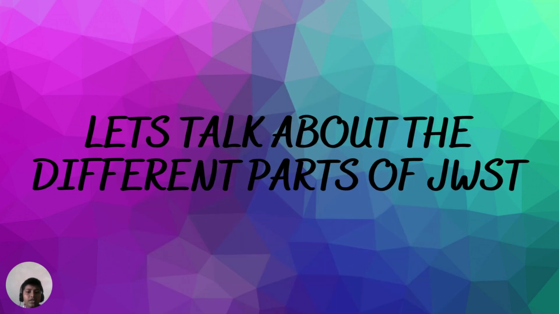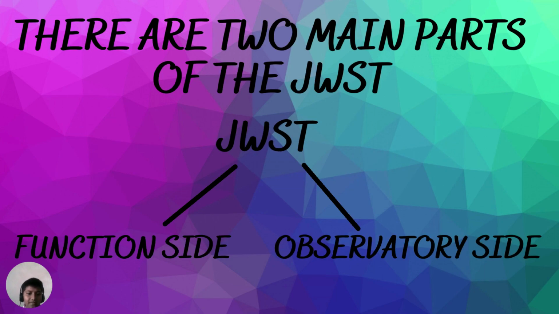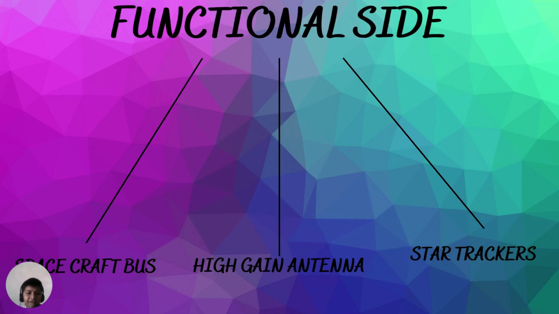Now let's talk about the different parts of the James Webb Telescope. There are two main parts of the James Webb Telescope: the functional side and the observatory side. The functional side contains three main parts: the high-gain antenna, spacecraft bus, and the star trackers.